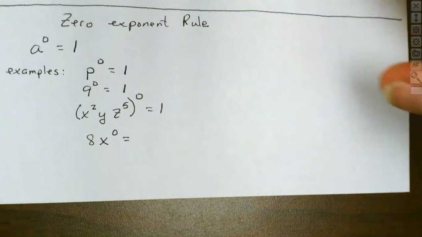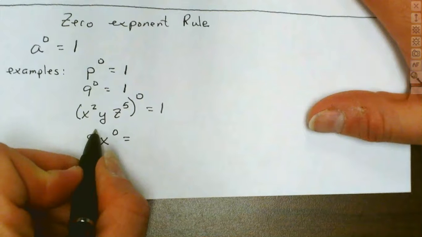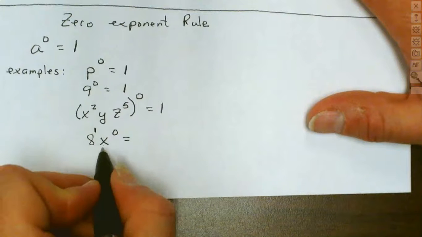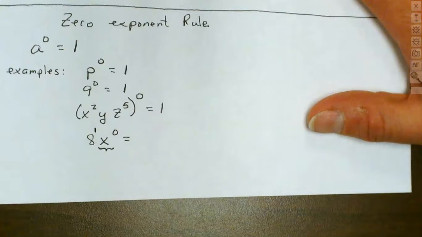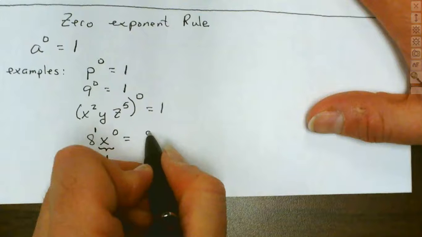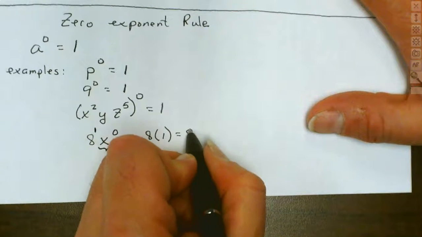So, what's going to happen with that 8? Well, there's no number here, so we know that this 8 is actually 8 to the what? First power. So this right here, x to the 0 power, what is that? 1. So that would come out to be 8 times 1, which is then what? 8.